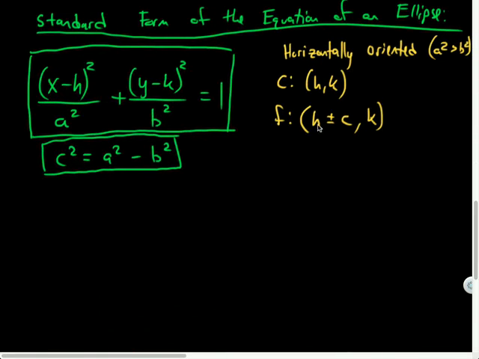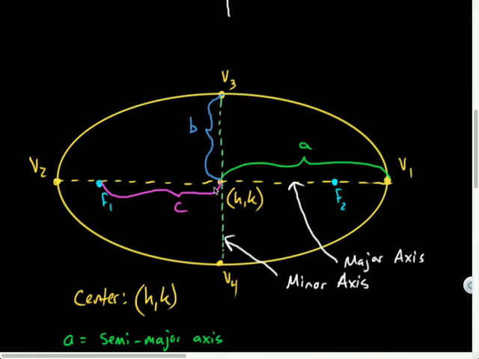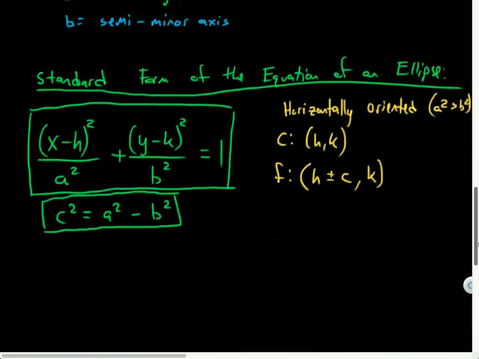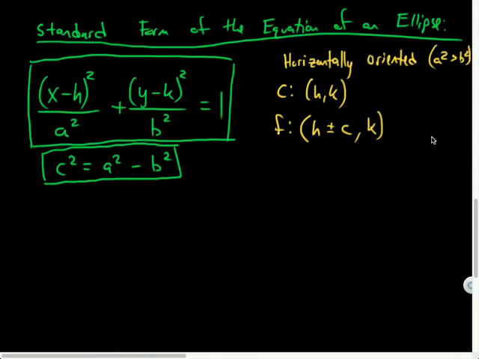I don't actually recommend you memorize this. I'd rather you imagine the picture and think, okay, I want to add c or subtract c to the x coordinate. That's how I do things. The major axis is going to be the equation y equals k. So that's the equation of a horizontal line. Don't just say the major axis is the number k, because it's not.